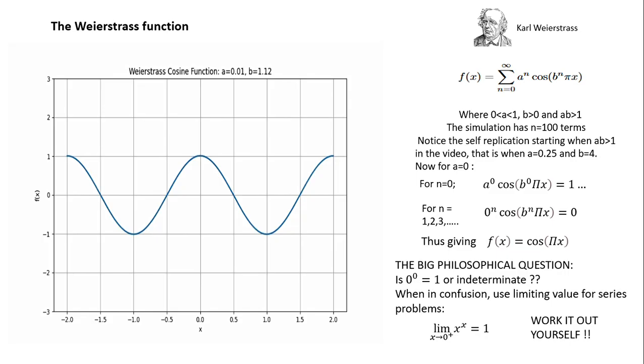Something raised to the power 0 is always 1, and 0 raised to the power of something is 0. You take this limit, and it says it's 1, but it's still very controversial.